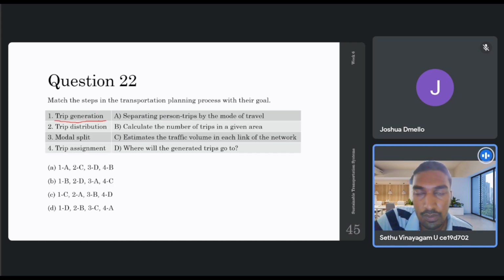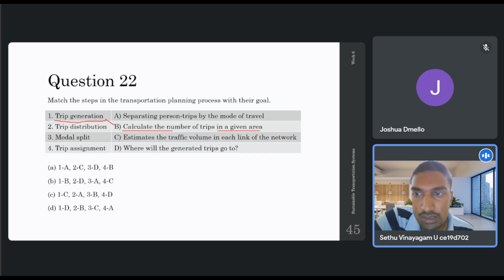These are called the productions and the attractions. So where is this goal given in the list? It is to calculate the number of trips in a given area, the number of trips that are generated from a particular area. That happens in the trip generation stage. Therefore, 1 is matched with B.